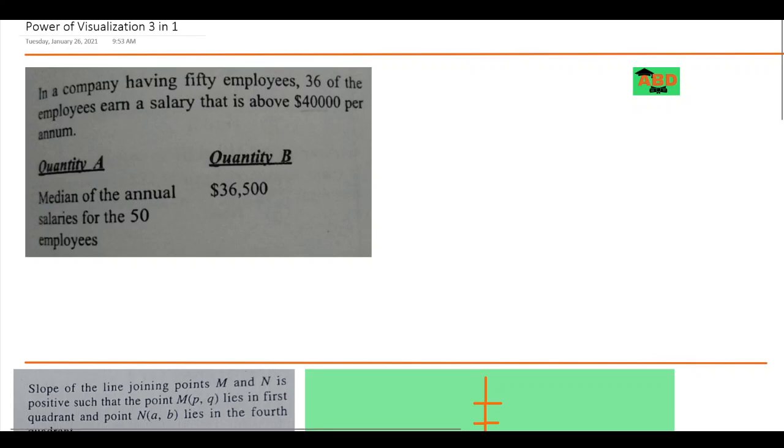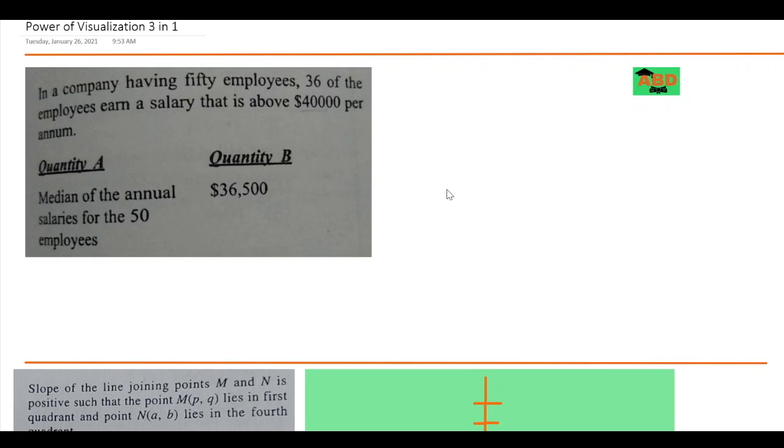Today, what we're going to do is look into a quant section and probably solve some problems. However, the main concern today is a new technique known as the power of visualization.